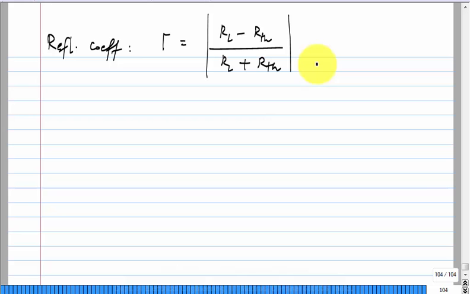The reflection coefficient either reflects nothing, in which case it is 0, or at most it can be 1 when it is reflecting everything, right? Because I have taken it this way; sometimes it's defined without the modulus sign. Here we just don't worry about it. Then you can have -1 or 1. It also tells you whether RL is more or less than RTH in that case, but let's not get into that.